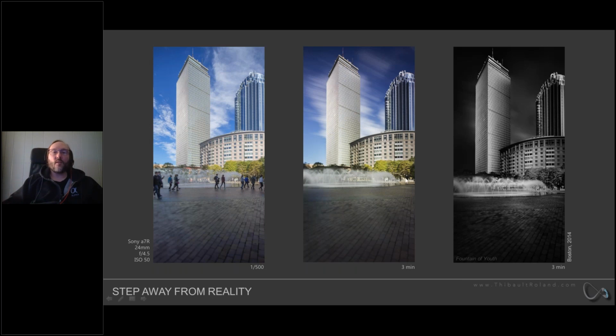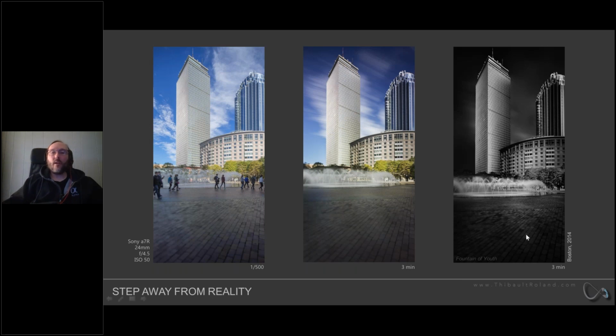The middle one is the 3-minute long exposure that transforms those clouds again into these cool streaks, but also transforms the fountain into this really cool, very ethereal, almost drape-like pattern texture there. And again, we can't see anyone anymore at that point.